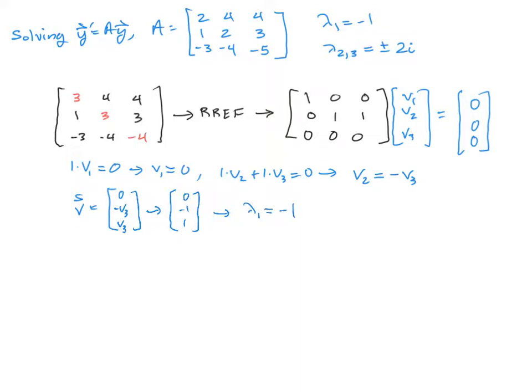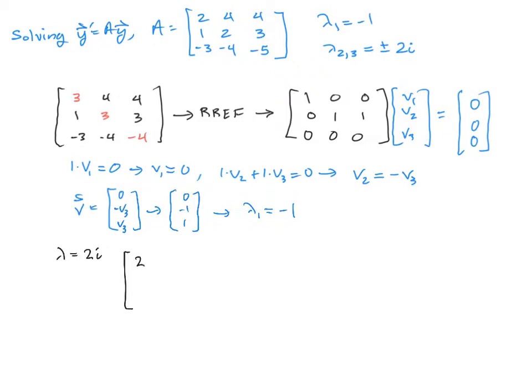So now we have to go in and find the complex eigenvectors corresponding to one of the values of lambda. So let's pick lambda equal to +2i. Now we'll have to subtract that number off of the main diagonal.